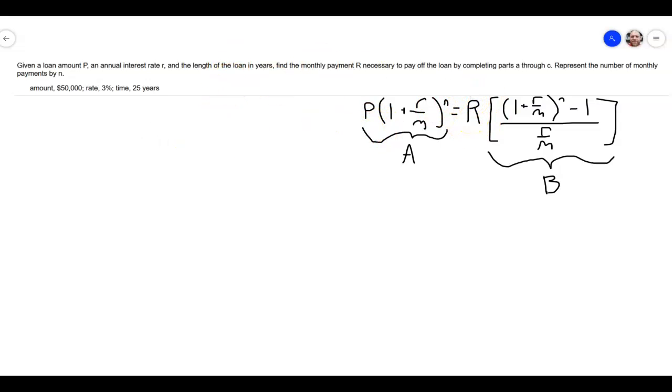All right, so let's find A first. A is equal to our principal, which is 50,000, times 1 plus our rate, which is 0.03. Remember, that's the percentage in decimal, over the M, which is the compounding periods per year, which they said is monthly.